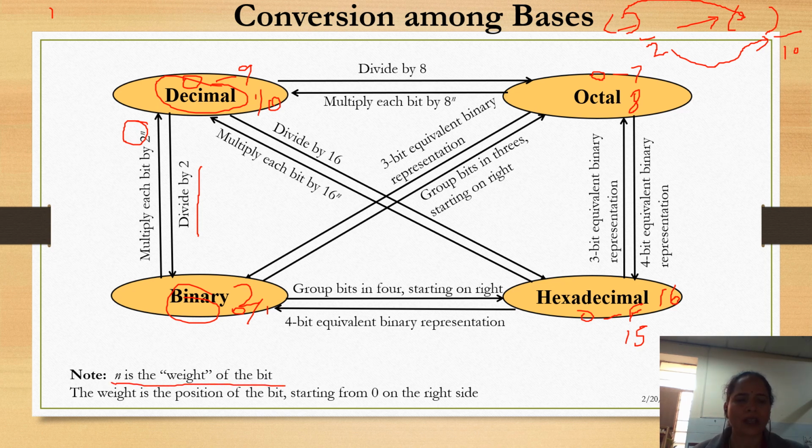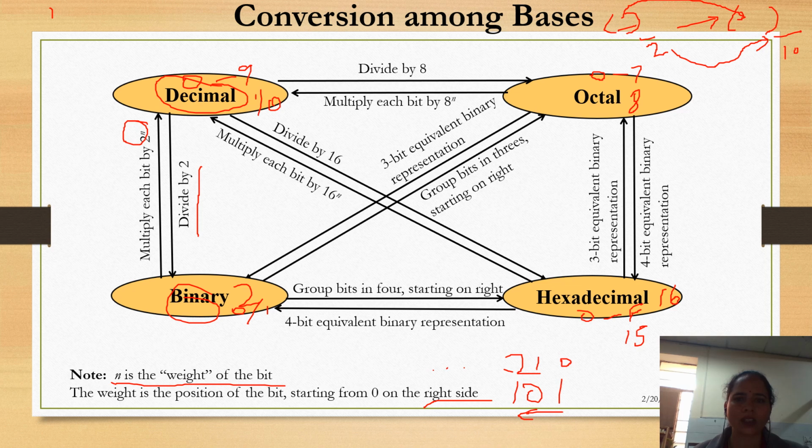The weights start from the right side. Like 0 1 1 0 1: the weight starts from the right side, the rightmost bit weight is 0, and then it is incremented from right to left, 0, 1, 2, and so on.